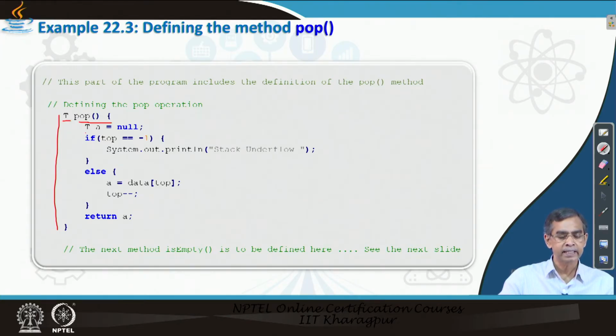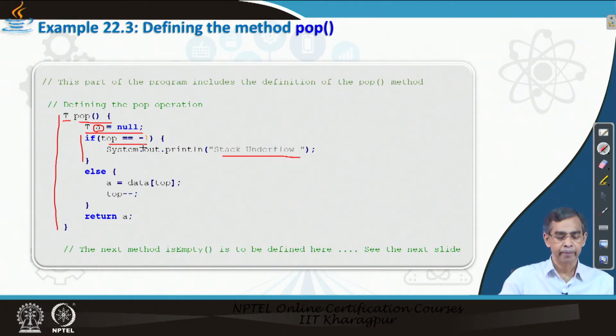So, initially T A equals null. This value that needs to be returned is basically null at the moment. Then it checks if the stack is empty or not. If top equals minus 1, it indicates that the stack is empty, so stack underflow, and you will not do anything.